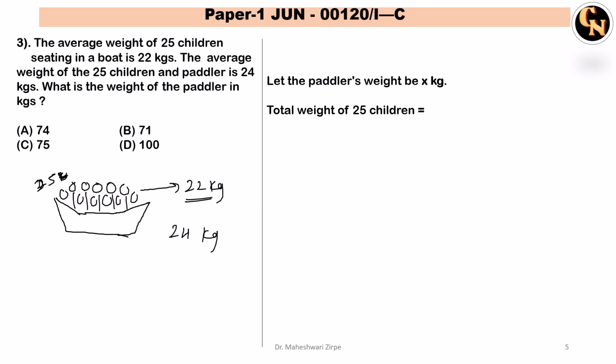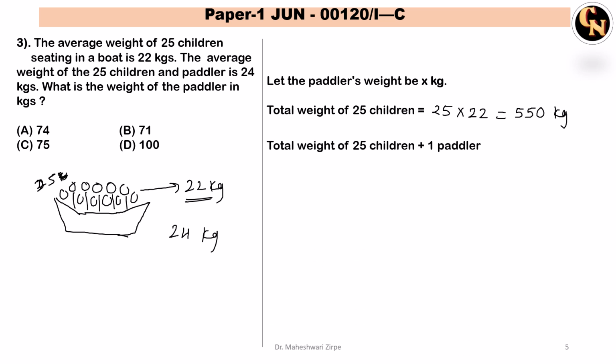Now the total weight of 25 children will be how much? As they have given the average is 22, it is simple, it is 25 into 22. 25 into 22 will become how much? If you multiply it, it comes out to be 550 kg. The next is what?